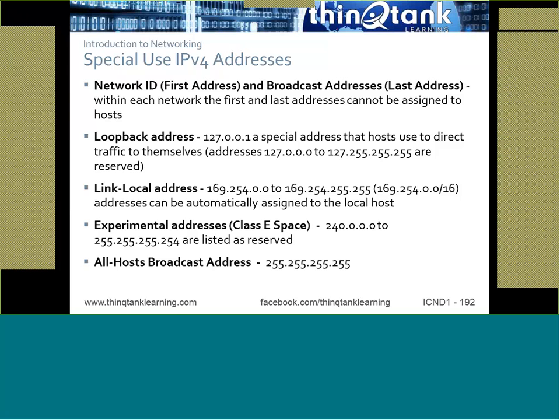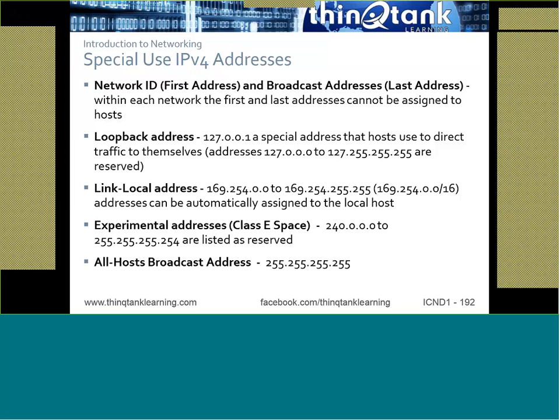Basically, when you get a 169.254 address, that means that the client was not able to obtain an address through DHCP, and they don't have an address statically assigned. Most of the time, a 169.254 address means that you can't communicate. But actually, it is a usable address.